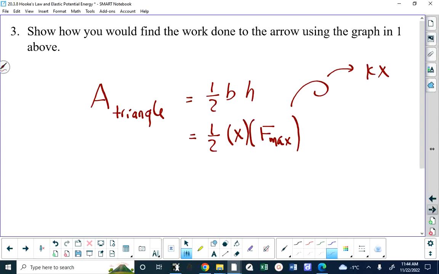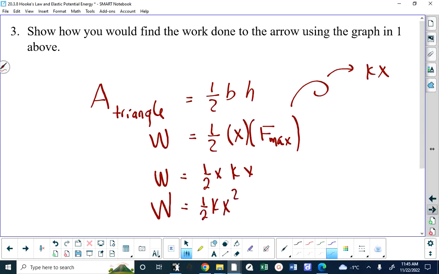When you look up here at this mass stretching this spring, the force being applied here is the maximum force. There is less force required here and less here. That means the area, or the work done, equals 1/2 x times kx, or the work done is 1/2 kx squared.